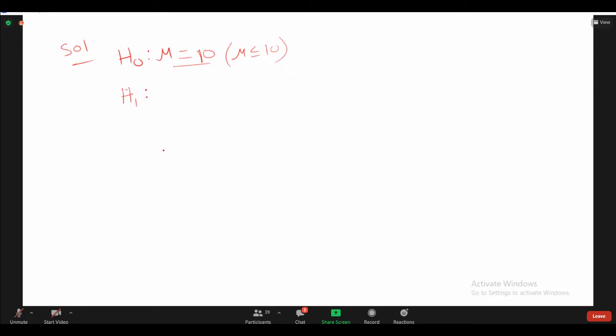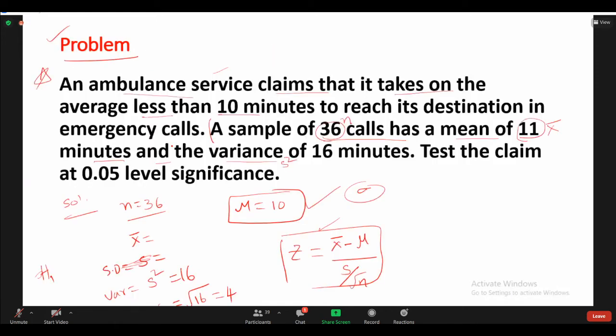Read that question carefully once. If less than means, see, what is the first line? An ambulance service claims that it takes an average less than 10 minutes to reach its destination. Less than 10 minutes. How can you take less than 10? We can't take, right?